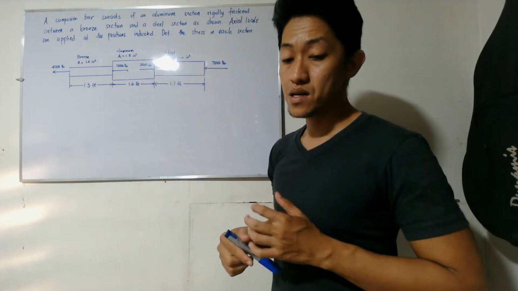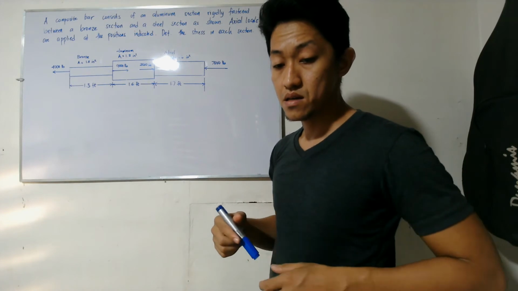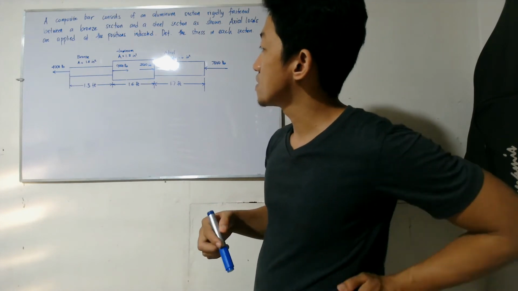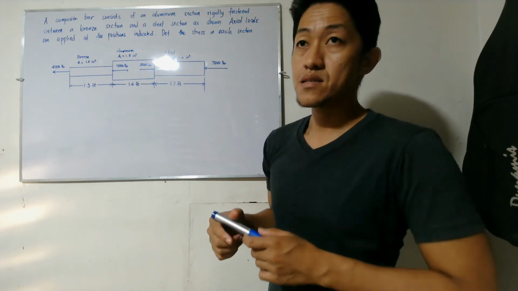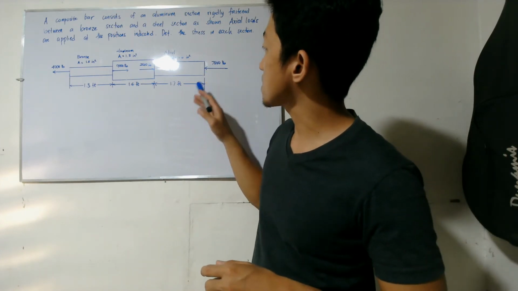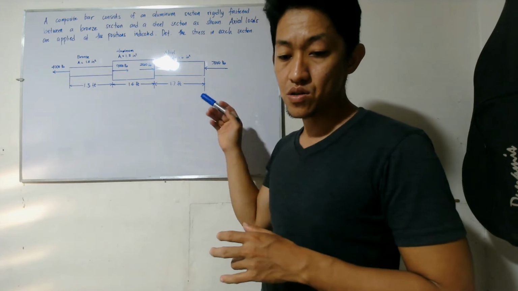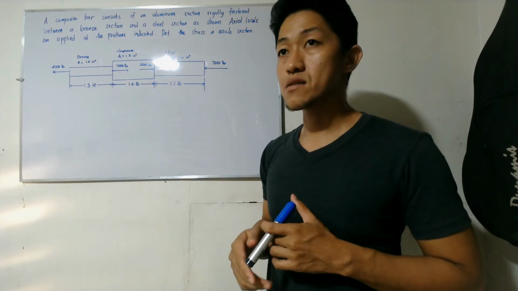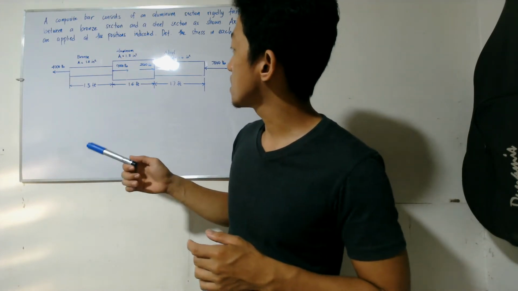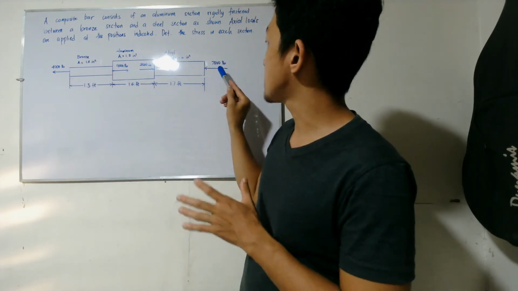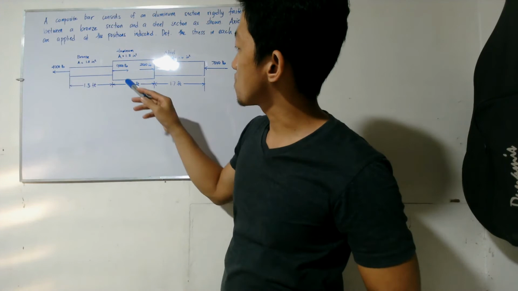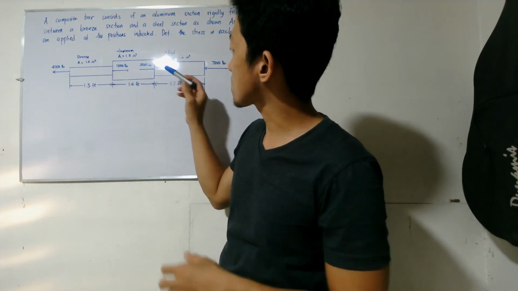So how are we going to tackle this problem? First, let's add the forces horizontally to check for equilibrium. You have 4,000 and 7,000 going to the left, and 9,000 and 2,000 going to the right.